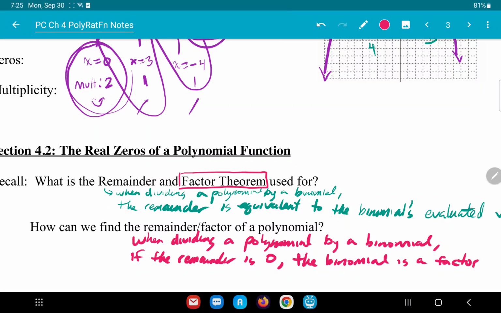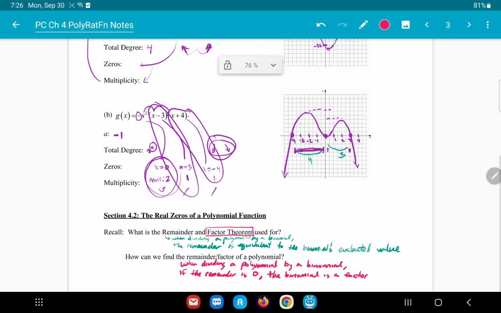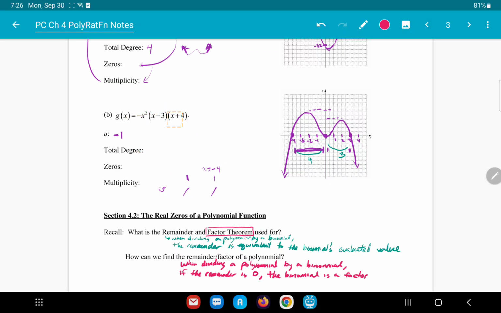So when dividing a polynomial by a binomial, if the remainder is 0, then the binomial is a factor. If you think about what's happening graphically, if you have a polynomial and you were able to divide it by a particular factor, then that means it was a 0 on the graph.